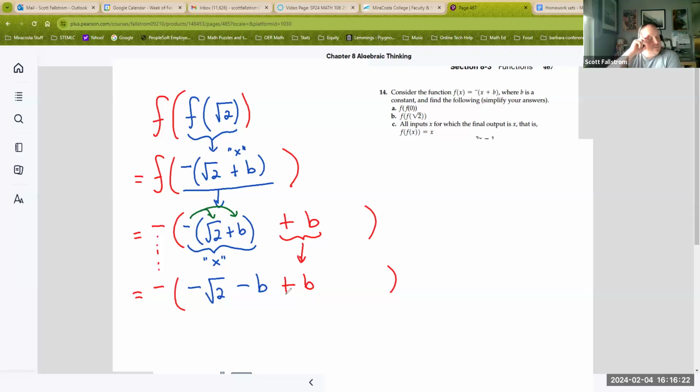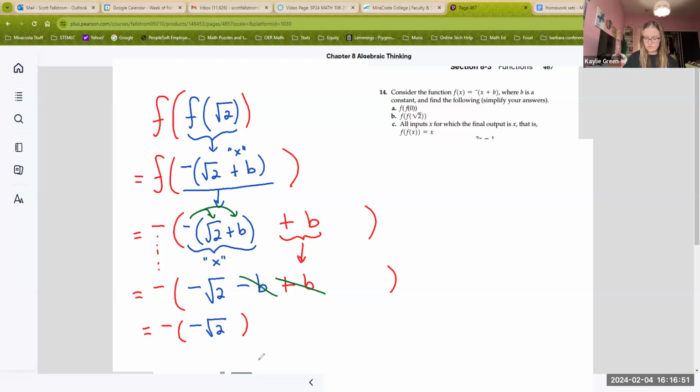Any simplifying you could do here? The b's cancel each other out. You gotta love that, right? Take away b, but then add it back. Done. So let's simplify this a little bit. That symbol's still out in front. I still have my red parentheses, but the only thing that's left is this.